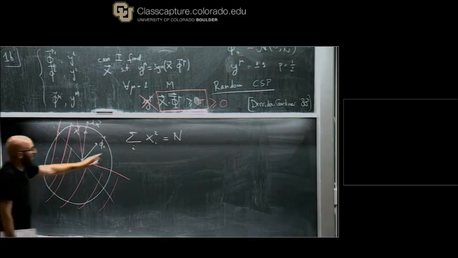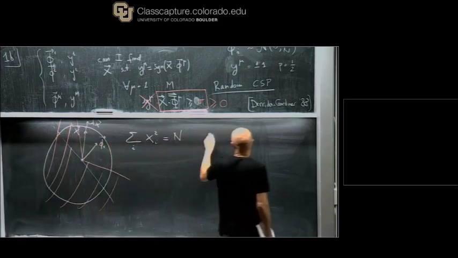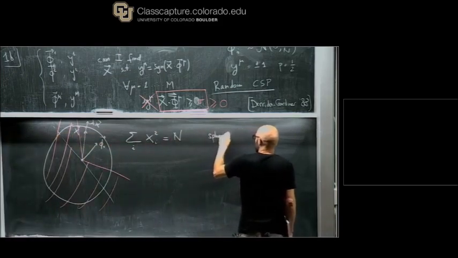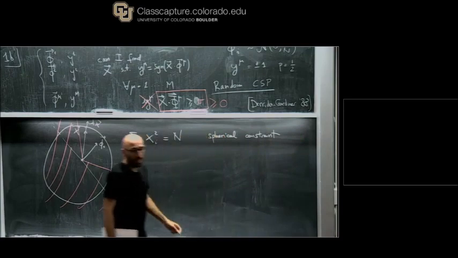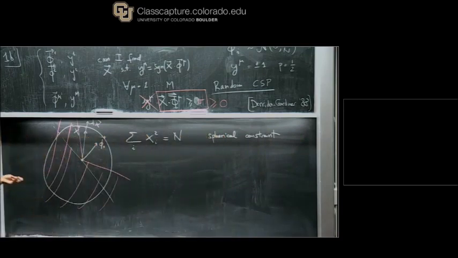And this is the spherical constraint that you have already seen in the P-spin model. So this is going to be a spherical perceptron, instead of P-spin. OK, so maybe let's just now summarize.